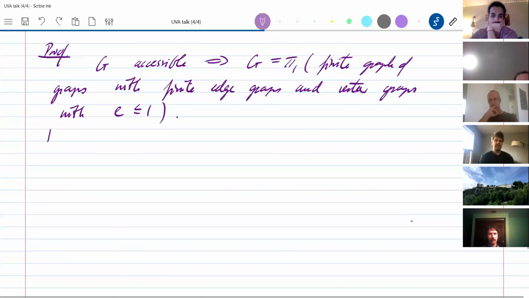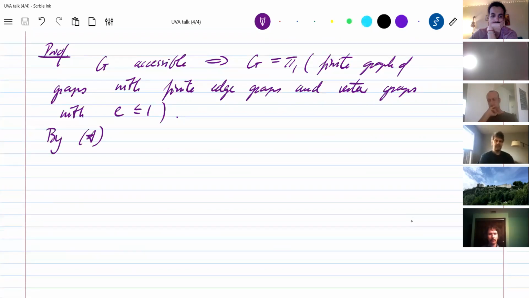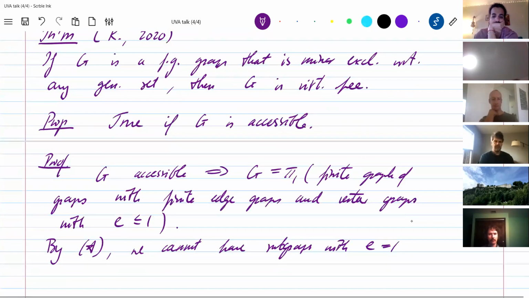So by star, we actually cannot have subgroups with the number of ends being equal to 1, because suppose we did have some subgroup. All of these pieces that we get out at the end of this decomposition are all subgroups, right?